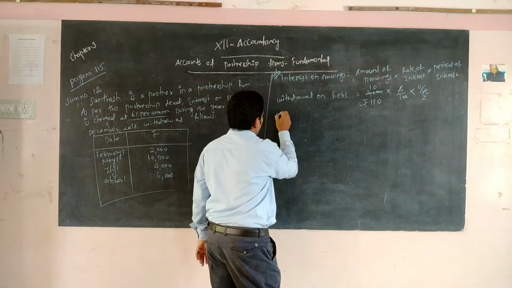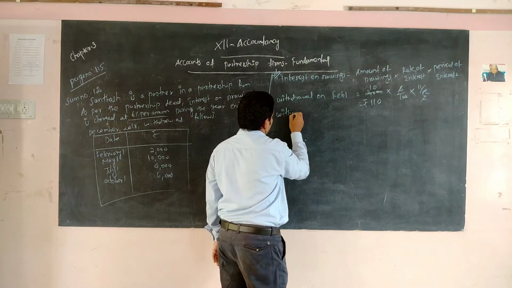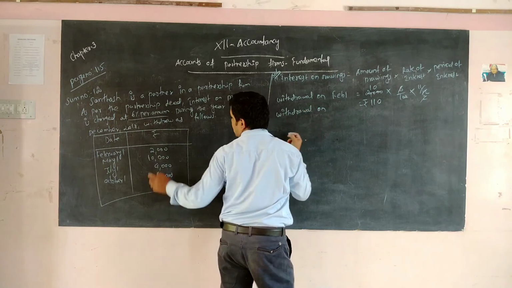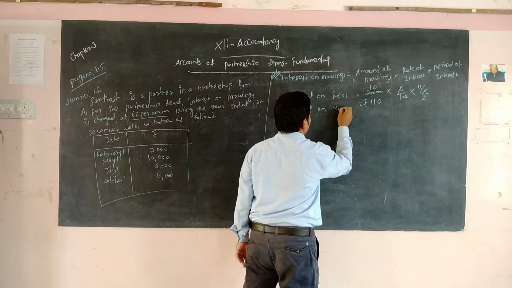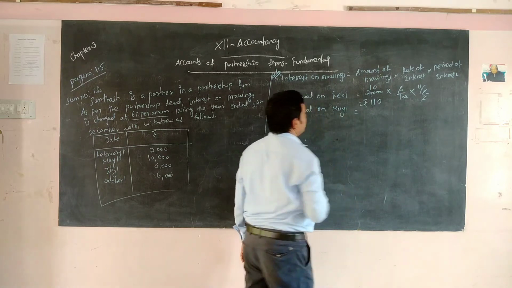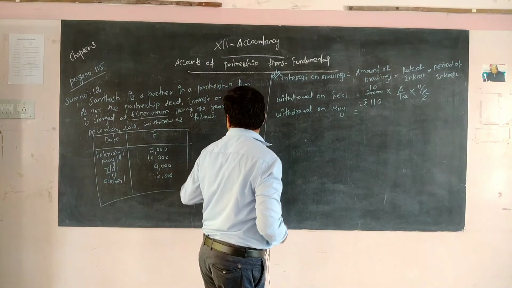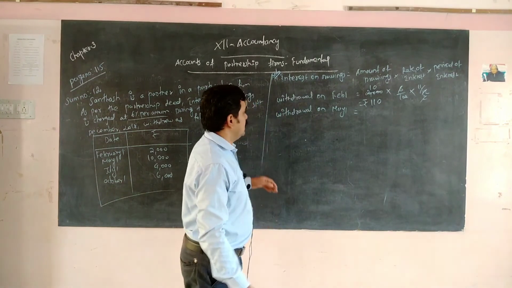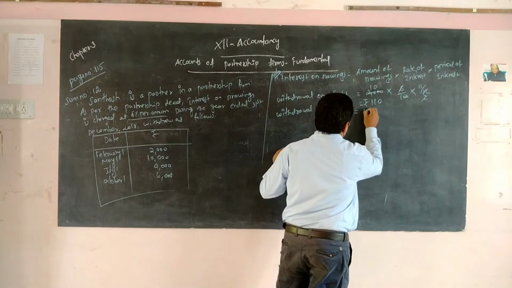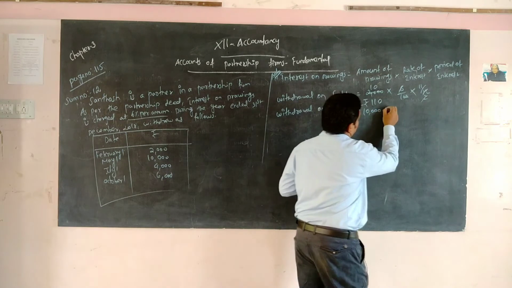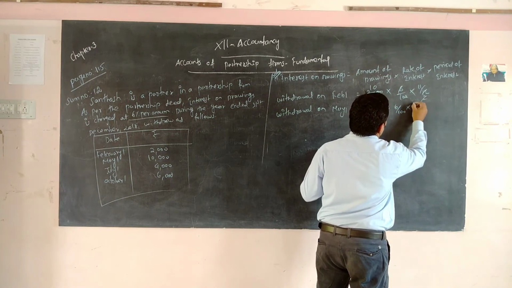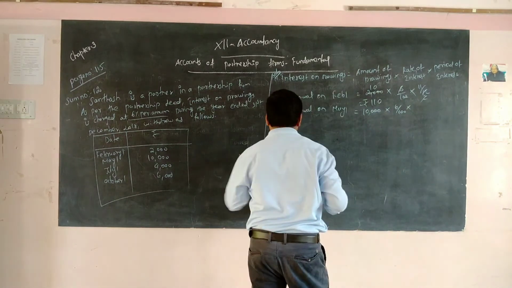Next, withdrawal on May 1. What is the amount? 10,000 into 6 by 100 into May 1.